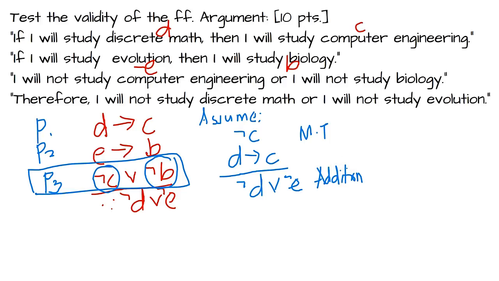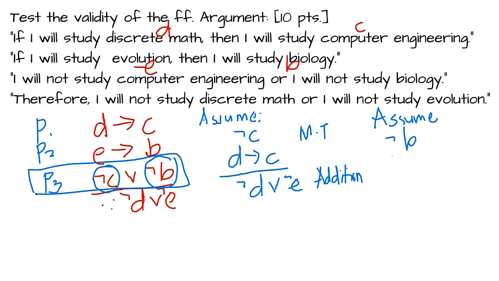For the second case, we could assume the not of B. And in a similar manner, it could be partnered with premise 2 in this case.